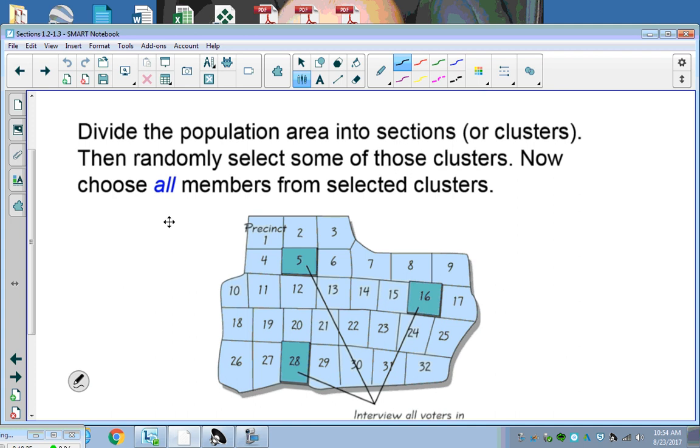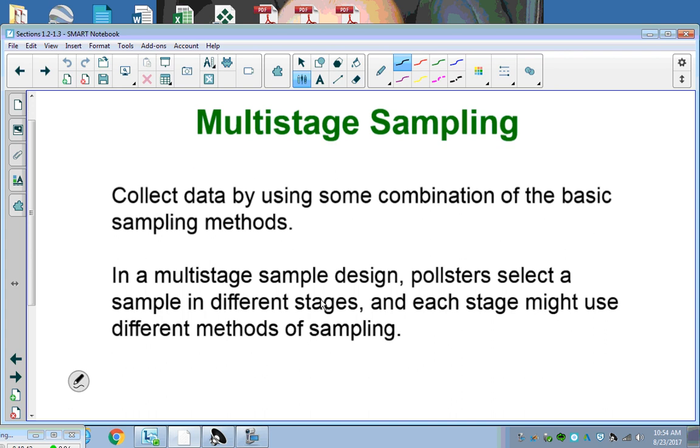We drew out 3 section numbers and used every student's test from those 3 sections instead of putting everybody's name in there. Okay? Different ways that are acceptable ways to get your sample. Multi-stage is when you're going to use a combination of some of these.